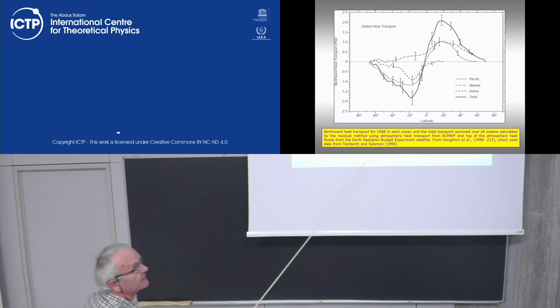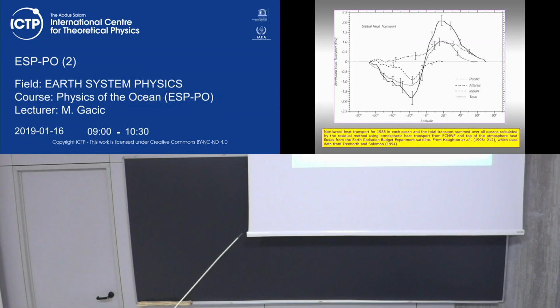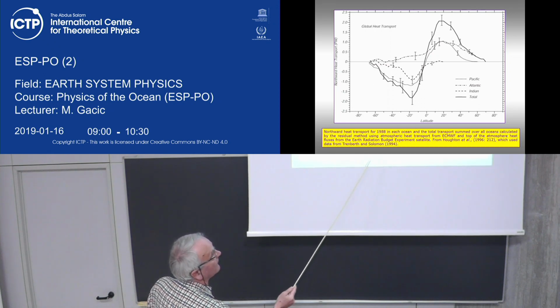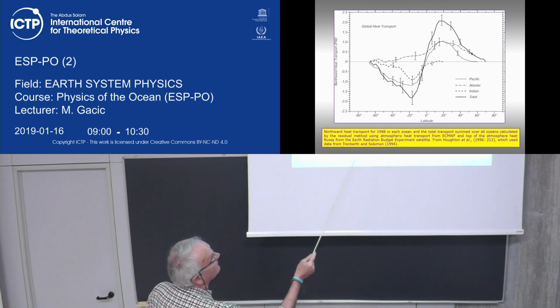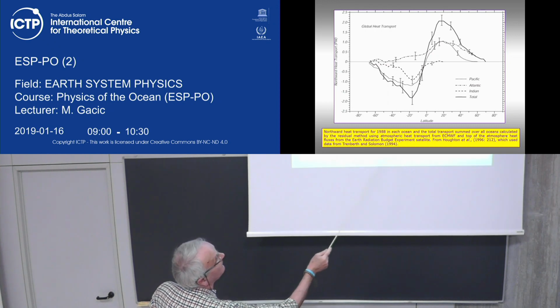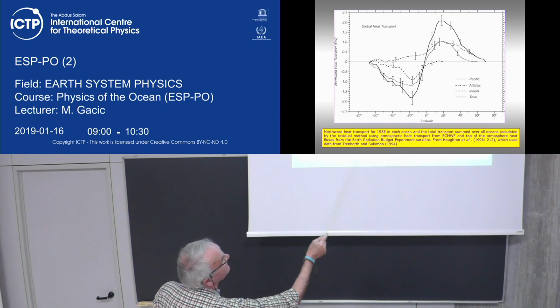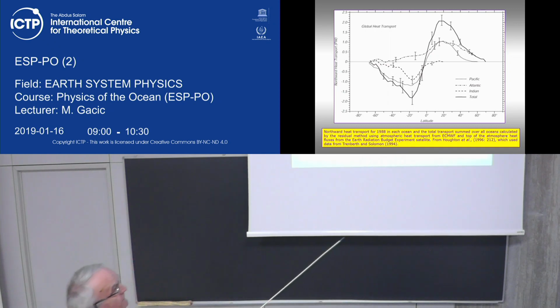And obviously there is a total heat transport in petawatts of heat. And what you can see is, for example, if you look at a specific ocean, for example the Atlantic, there is this northward transport, especially in the northern hemisphere.